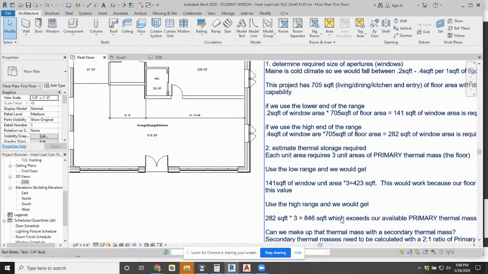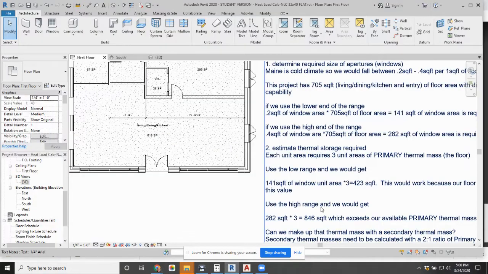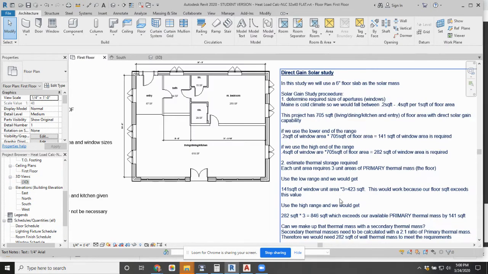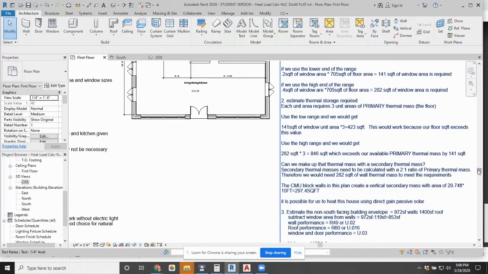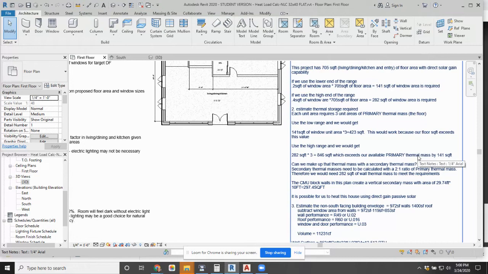If we use the higher range, which is probably more likely in Maine, then we are looking at needing 846 square feet of floor area, which exceeds our available primary thermal mass by 141 square feet. This was just a coincidence that that ended up happening, I think.